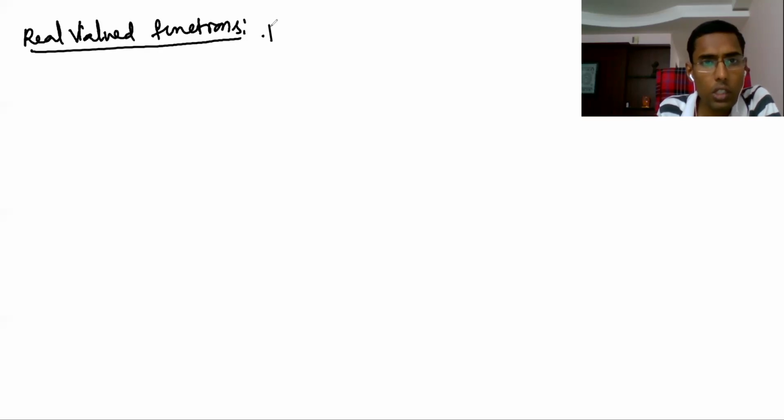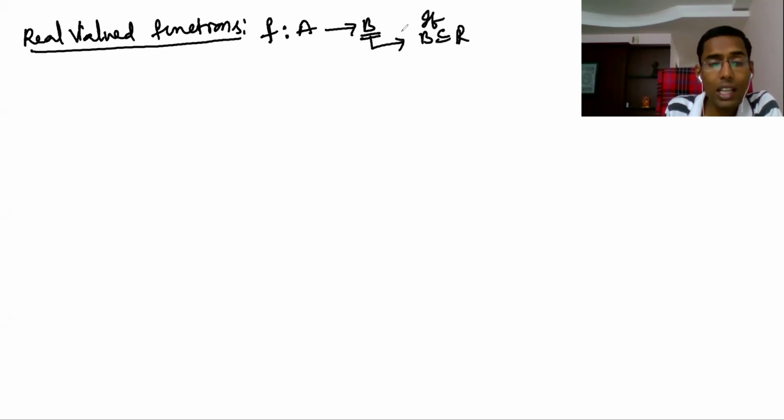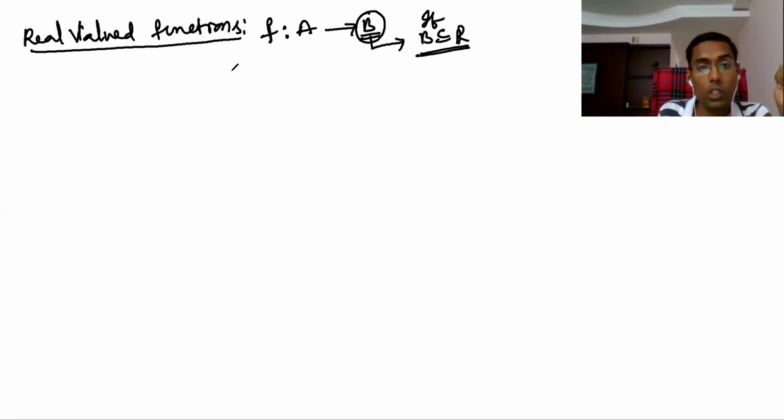Real valued function means f is a function from A to B, where B is a subset of R. Function value means image. If the function value is a subset of real numbers, then it is called a real valued function.